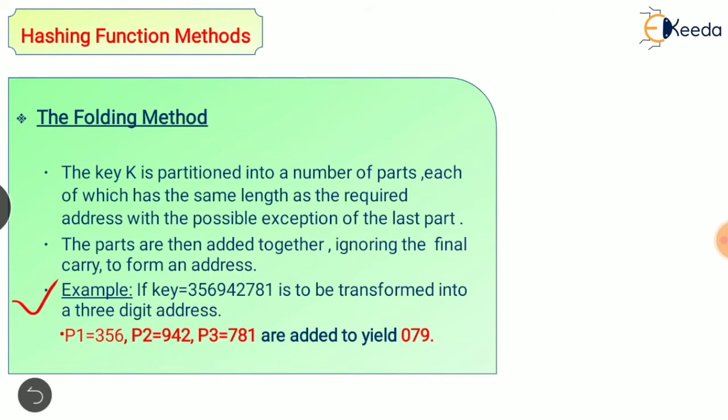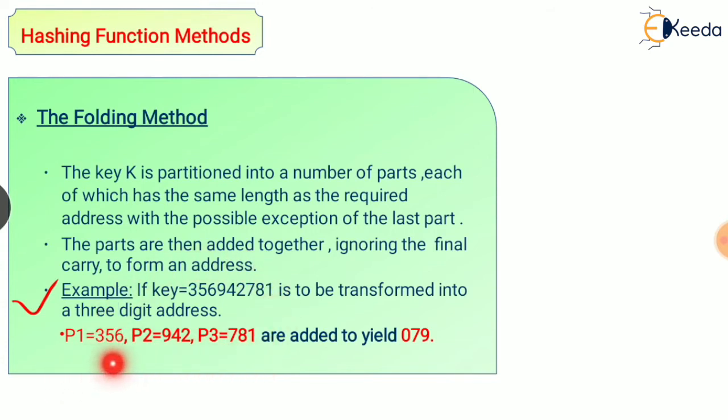Now this key is partitioned into numbers of the same length, and these numbers are added together to form an address where we are storing that key, by ignoring the final carry. Now this key is partitioned into three parts, that is P1, P2, P3 of the same length.